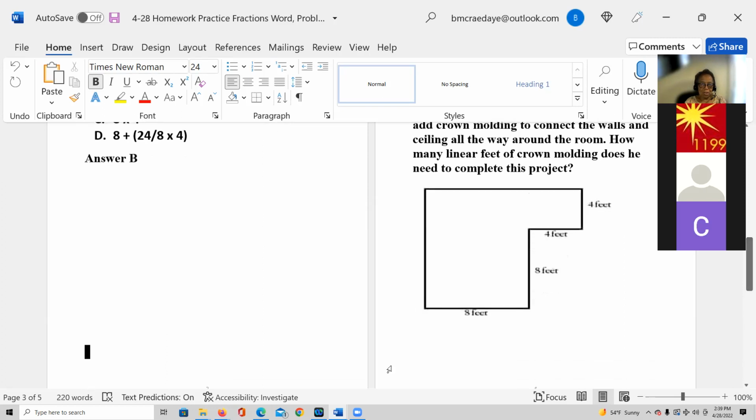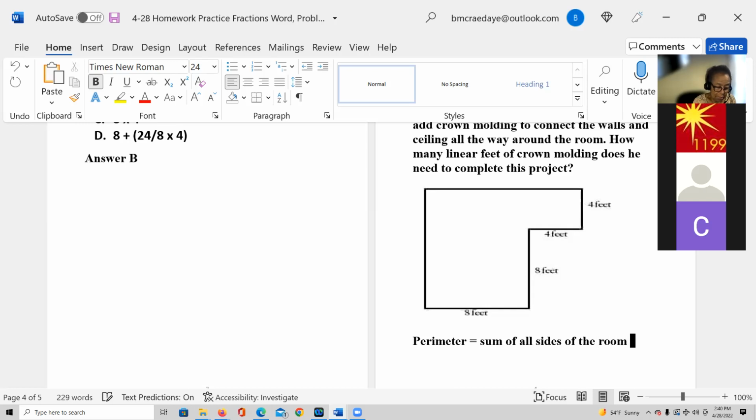Now that means you're looking for perimeter, right? So perimeter is equal to the sum of all sides of the room.